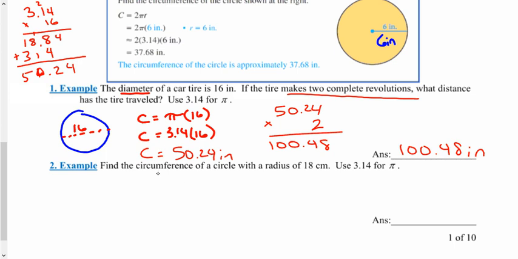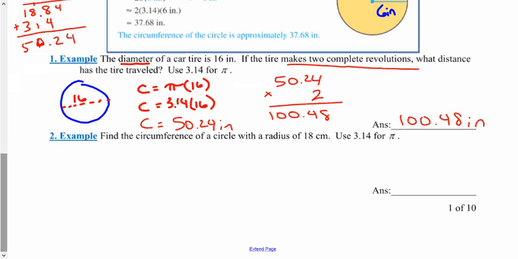It says find the circumference of a circle with a radius of 18 inches. So once again, we have a circle. We have a radius of 18 inches, and we're going to go around that. So like that, okay?